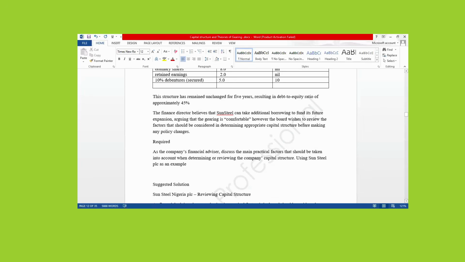Discuss the main practical factors that should be taken into account when determining or reviewing the company's capital structure, using Sun Steel PLC as an example. This question was tested for 20 marks.